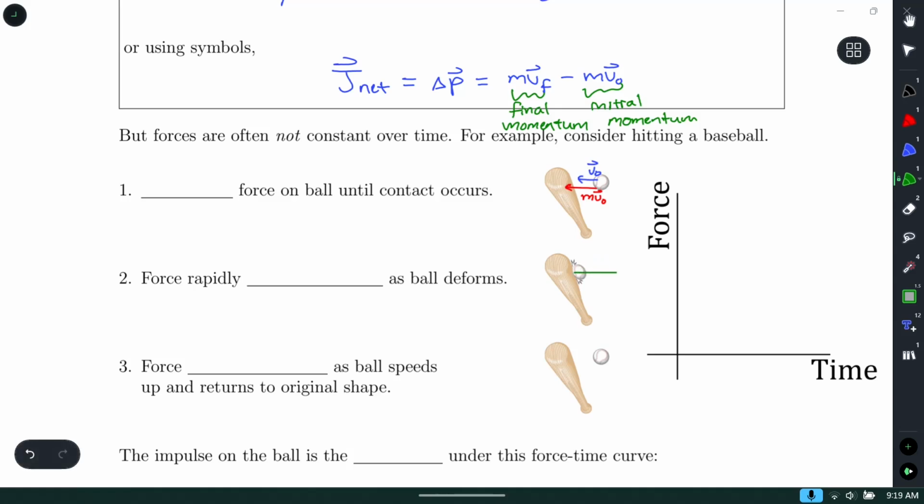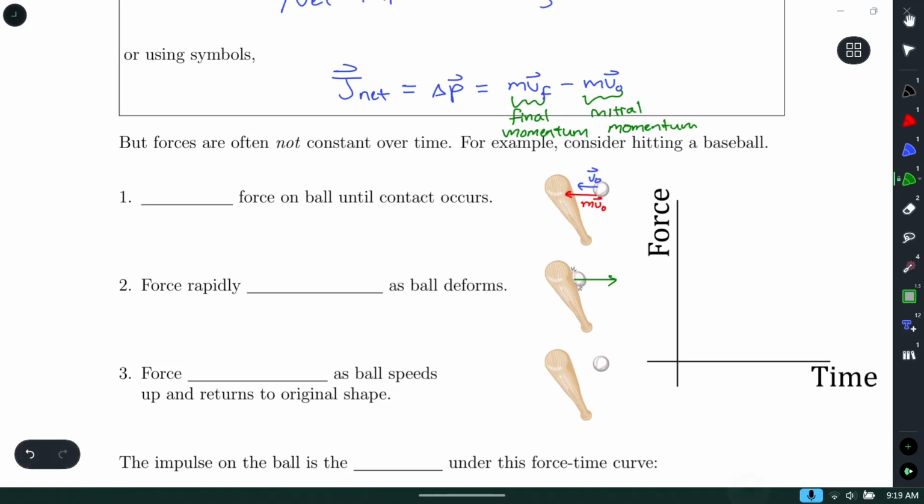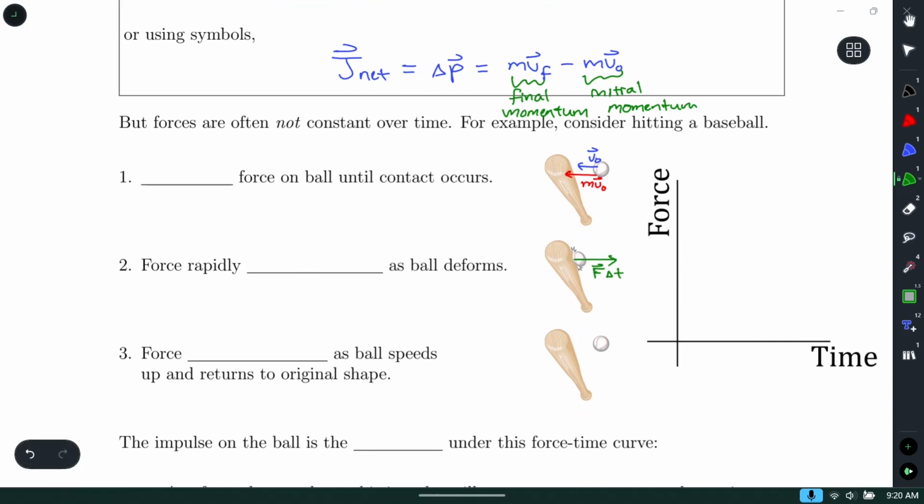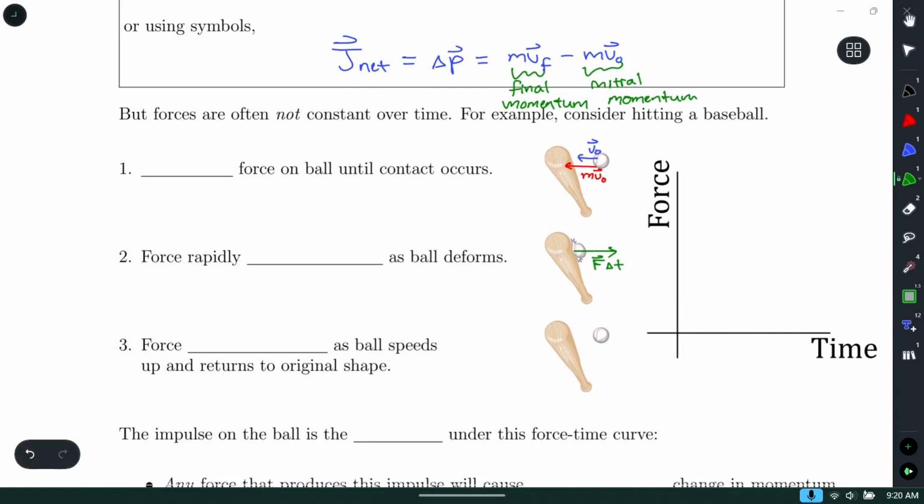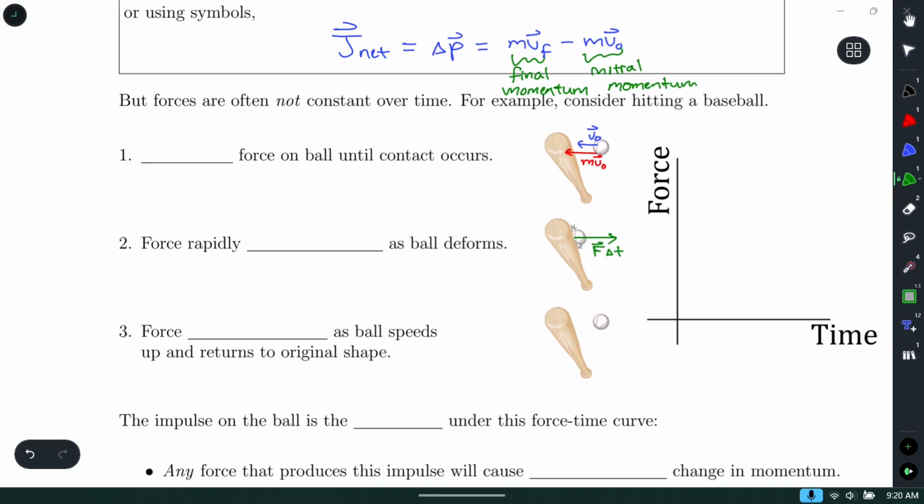I'll put it back out to the right just to make it 1D. It'll feel some force for some amount of time. And as a result of that impulse, the force over time, it will leave with some new velocity, and so some new momentum.